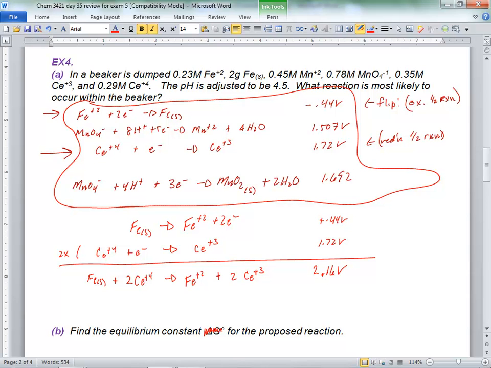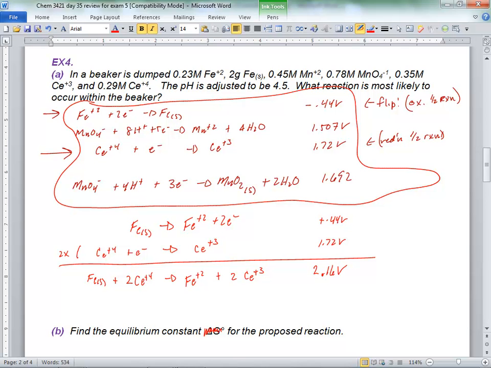You need a reduction half reaction, so you pick the most positive. Then you need an oxidation half reaction, but remember all these are flipped, so really you're picking the most negative one. We're not rewriting the whole table again for oxidation. We flip the first one because we're oxidizing it.